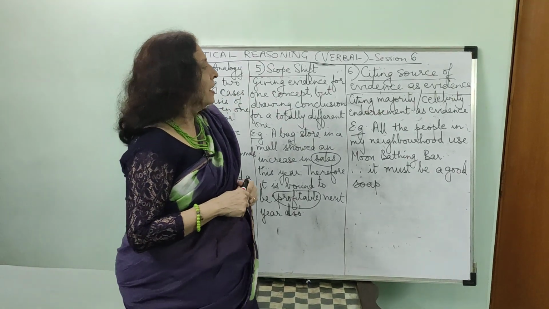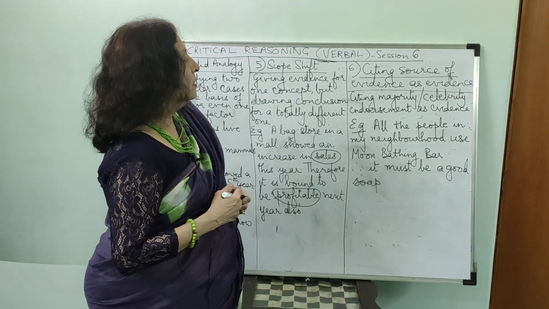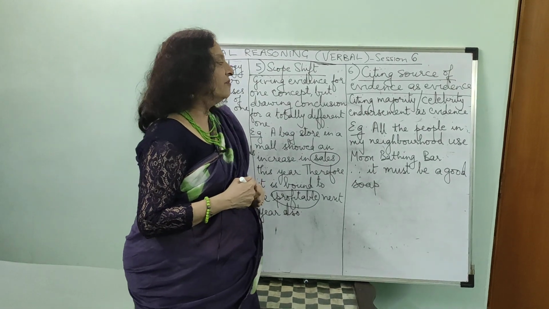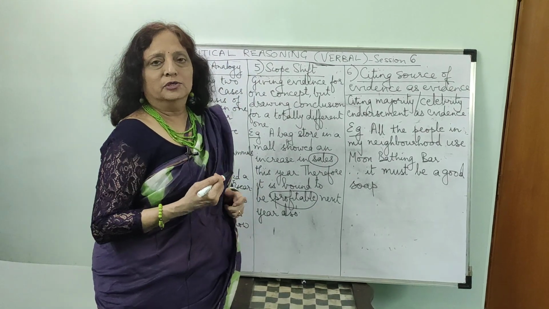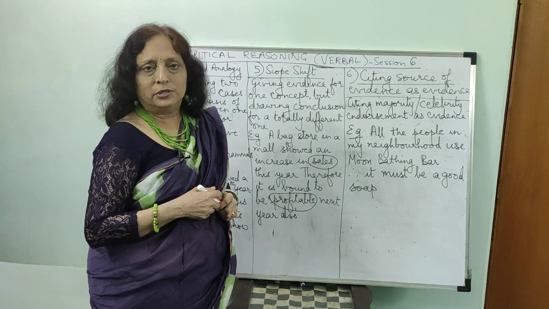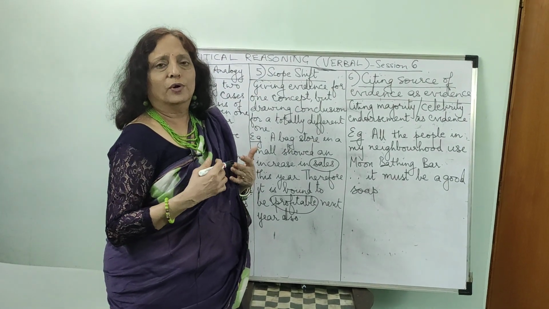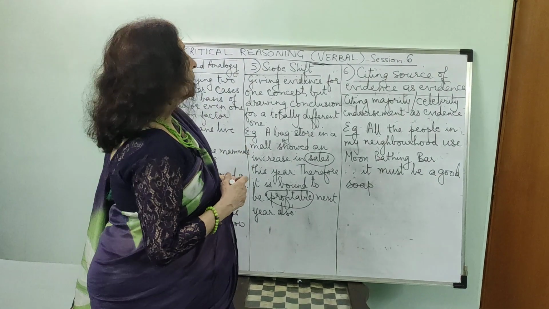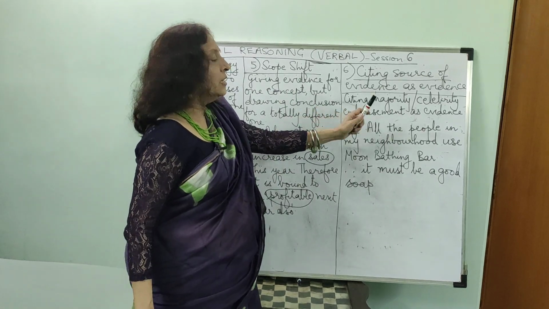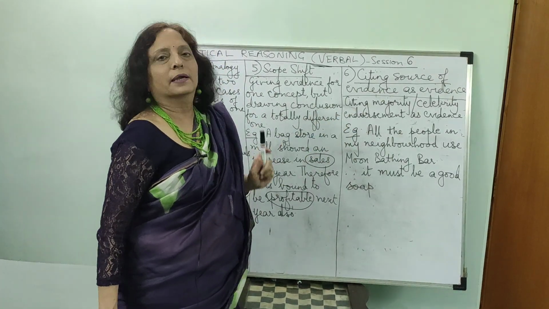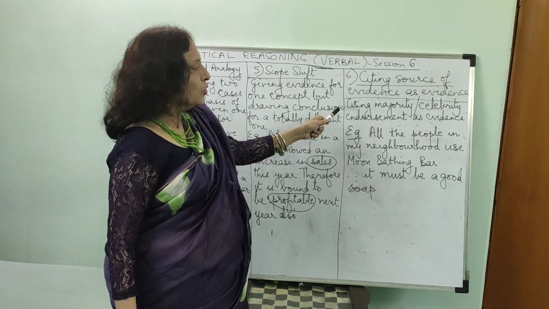And finally, we have citing source of evidence as evidence. We are not giving any evidence, we are not saying anything about the product or whatever we are concluding about. We are just citing majority or celebrity endorsement as evidence. So that is the source, but there is no evidence.